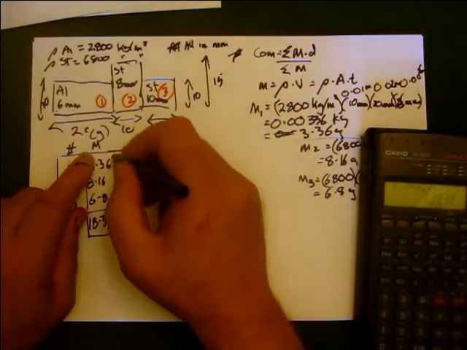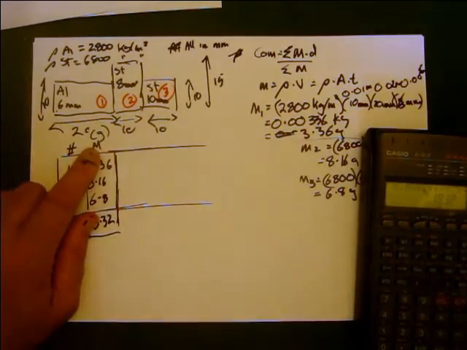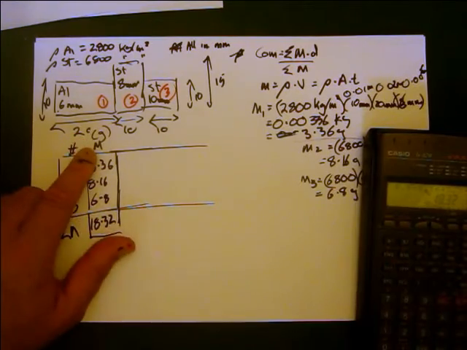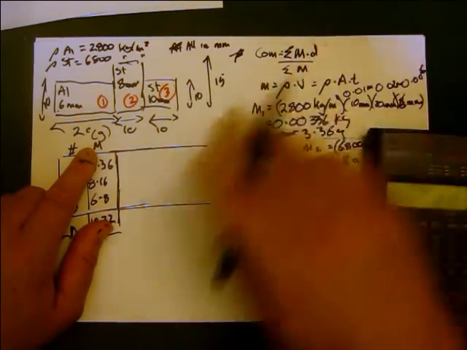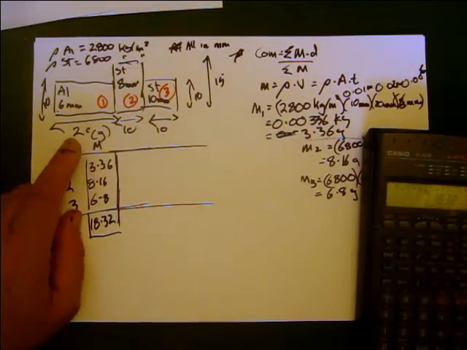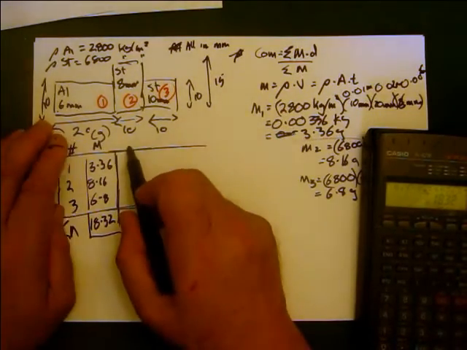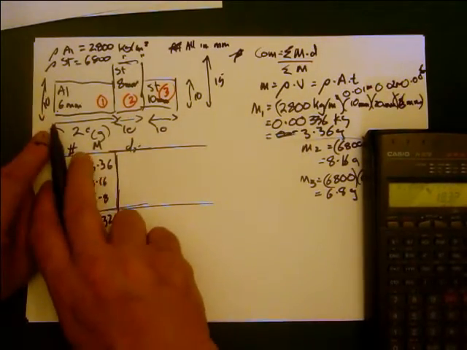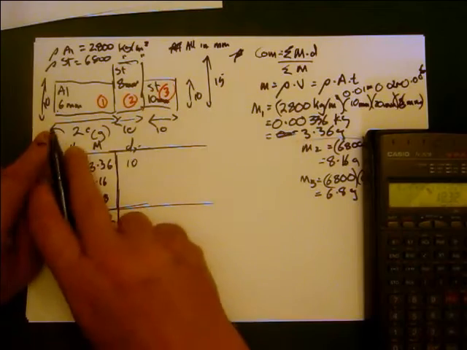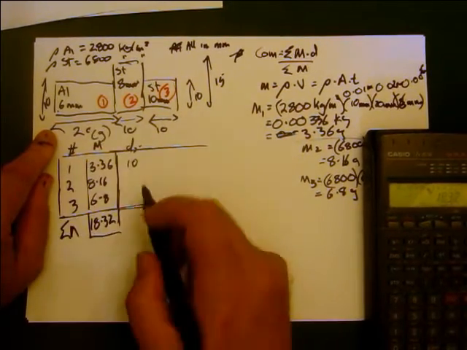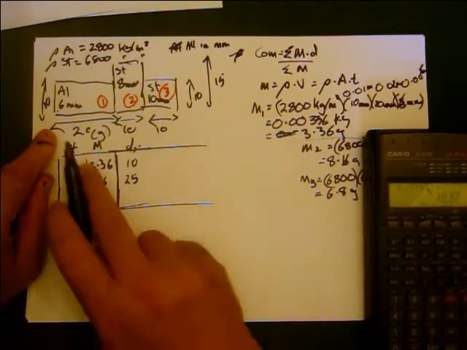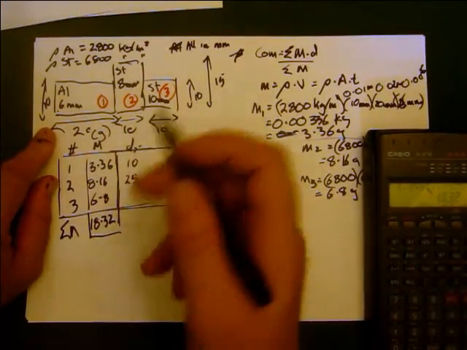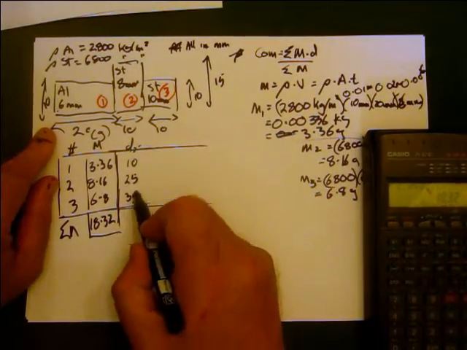It doesn't really matter what units you use. You can use kilograms or tons or milligrams, because we've got mass above and below, so it'll cancel out as long as you keep the units all the same. The distances in the x dimension, dx, are half of the length for each rectangle: for the first it's 10, for the second it's 20 plus half the length, which is 25, and for the third it's 30 plus half that length, which is 35.